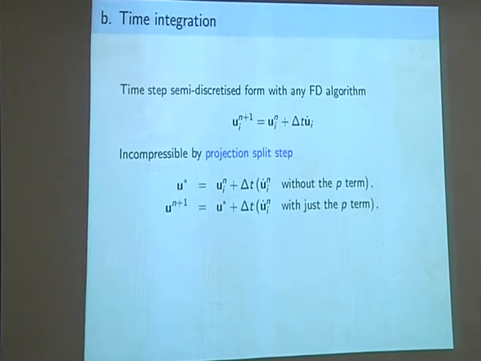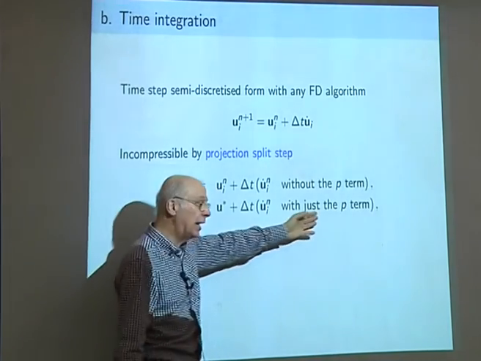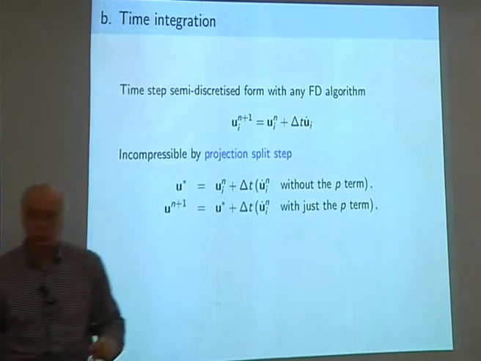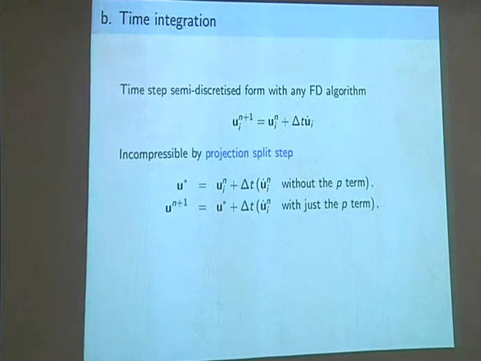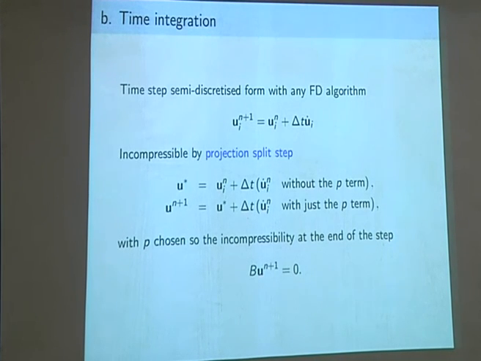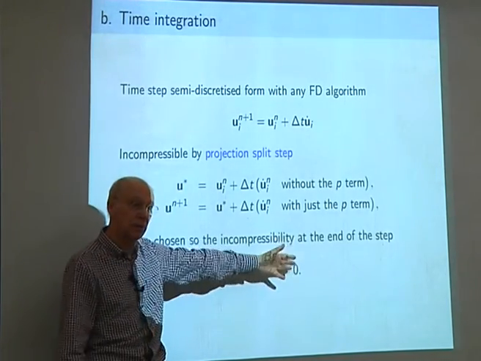And then you ask, what pressures do I have to add to go from star to the final result, n plus 1, such that at the new time level I satisfy div u n plus 1 is 0. So div u n plus 1 is this B matrix times u n plus 1 is 0.